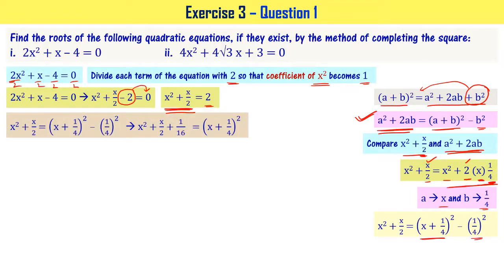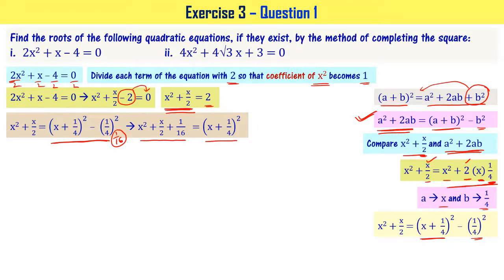This (1 by 4) whole square can be written as 1 by 16, right? Now I'm going to transpose this 1 by 16 to the other side. When you do that, the equation becomes x square plus x by 2 plus 1 by 16 equal to (x plus 1 by 4) whole square, right?